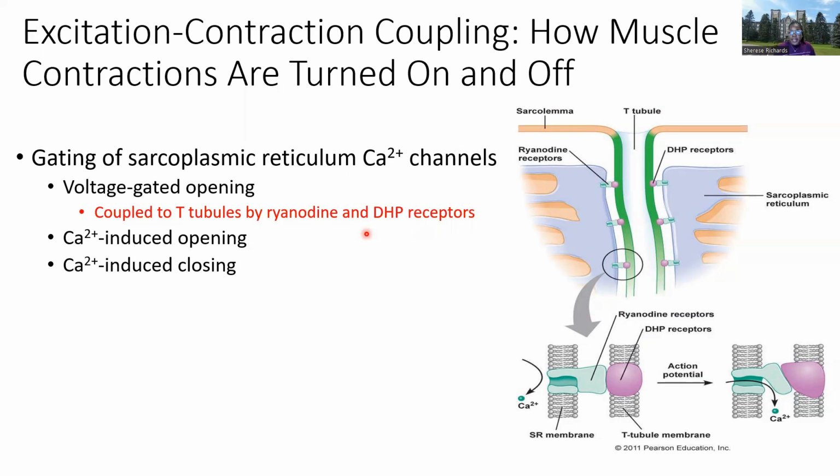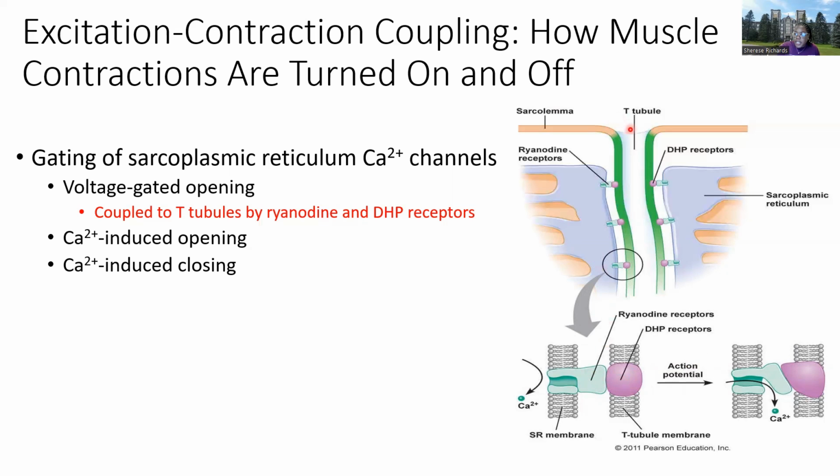The gating of this is really brought about by these two receptors, the ryanodine receptor and the DHP receptor. The dihydropyridine receptor, which is in blue here, and the ryanodine receptor are adjoined to each other.